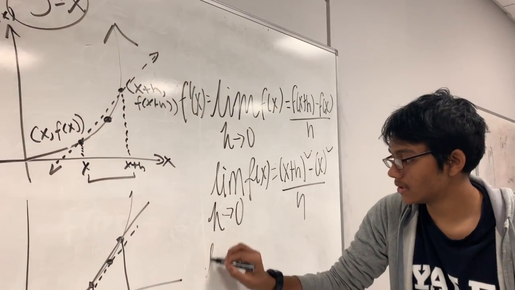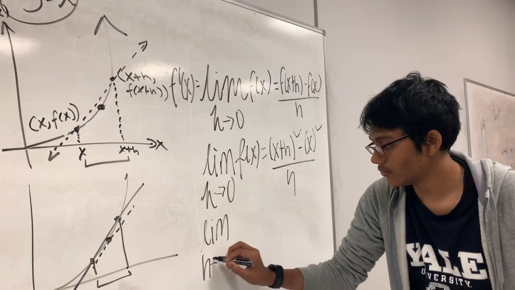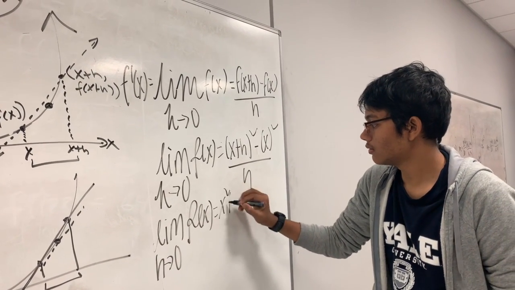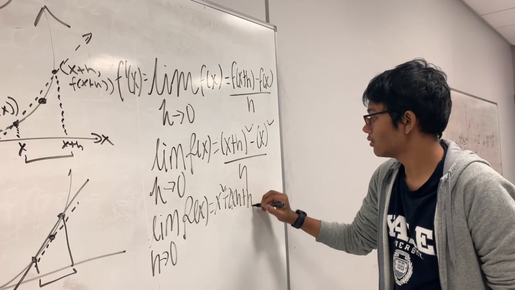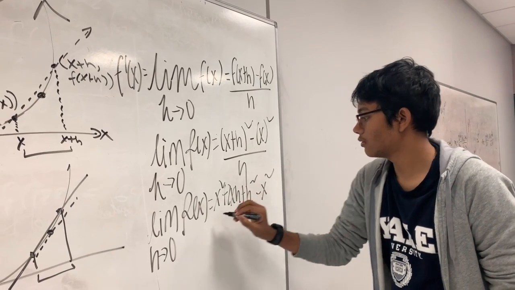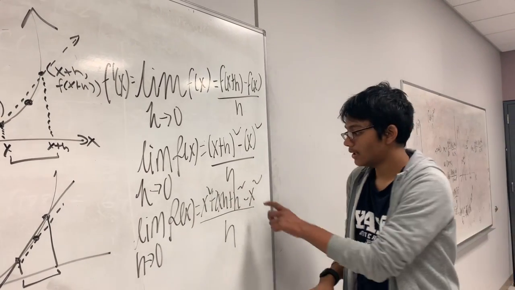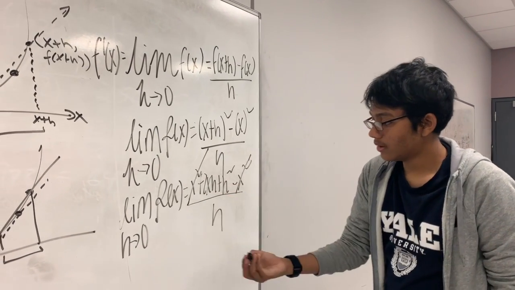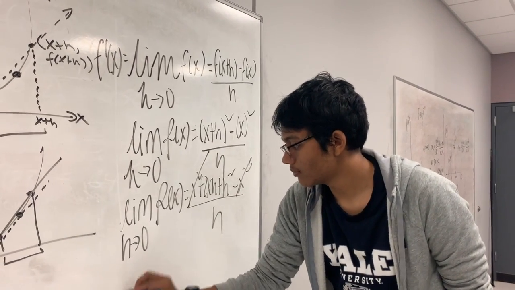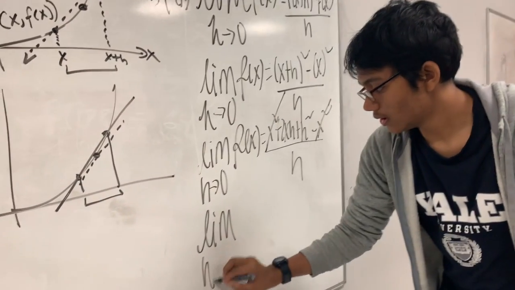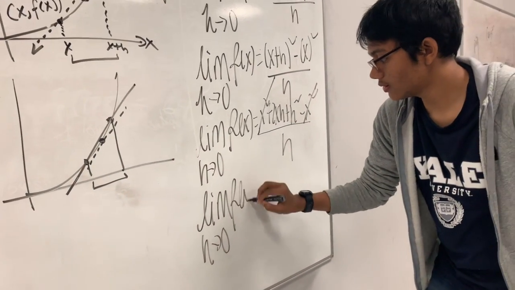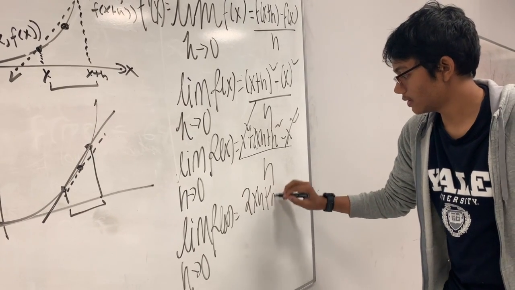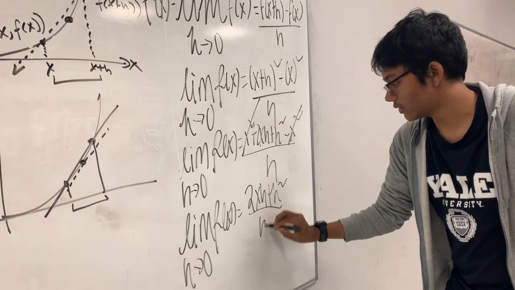Okay, let's just do some simplifying. Let's see what we get. As you can see, minus x squared, positive x squared. Boom. Now we're left with what? We're left with the limit as h approaches 0 of f of x is equal to 2xh plus h squared over h.